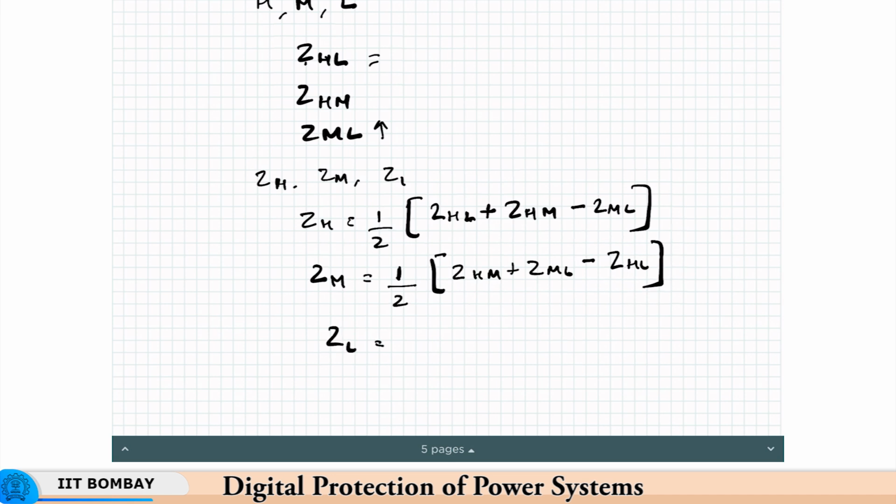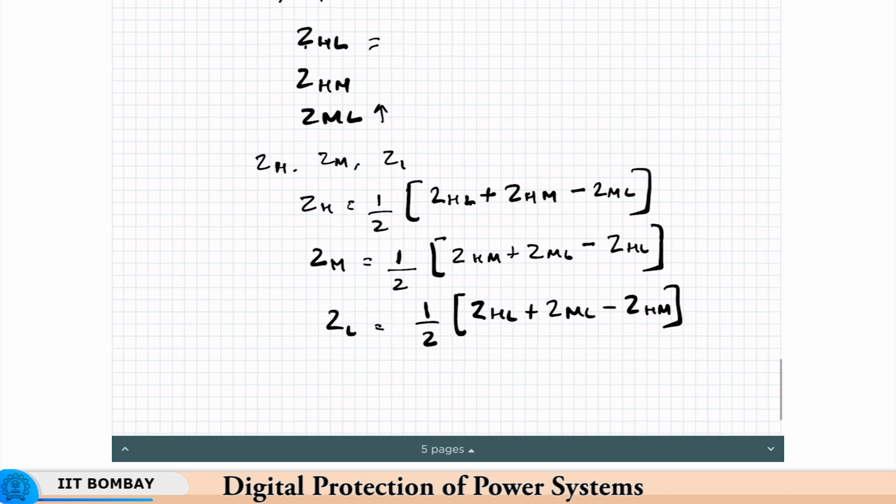Similarly, ZL is given by half of ZHL plus ZML minus ZHM.